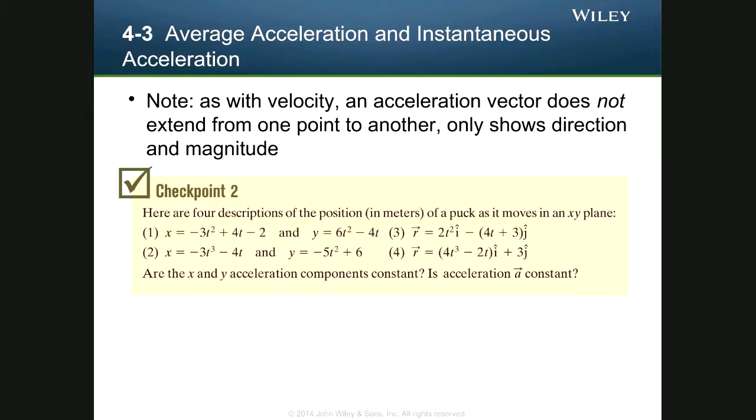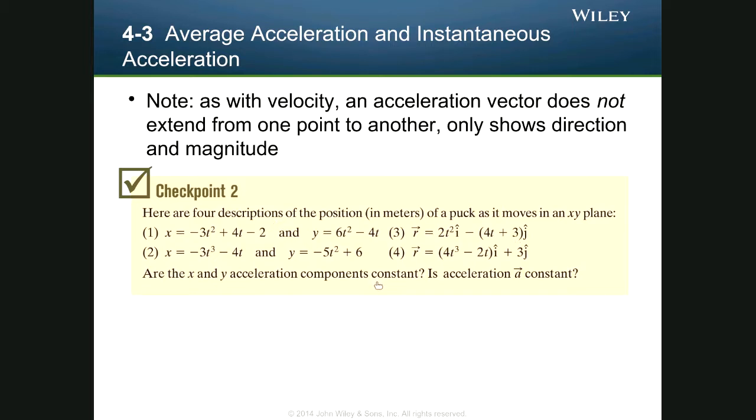So you'll notice you have 4 descriptions of the position in meters of a puck as it moves in an XY plane. You have x and y components for one, and in 3 and 4 it just gives you the i and j components. It's the same thing.